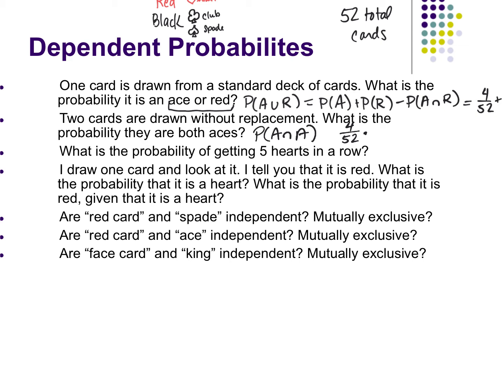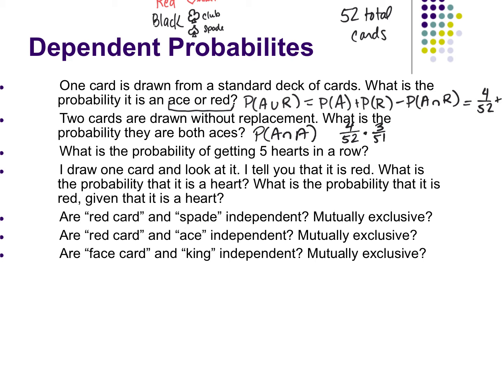Now, you have an ace in your hand. Given that you have an ace in your hand, what's the probability that the next card is an ace? 3 out of 51, right? There's 1 less ace in the deck, and there's 1 less card in the deck, right?